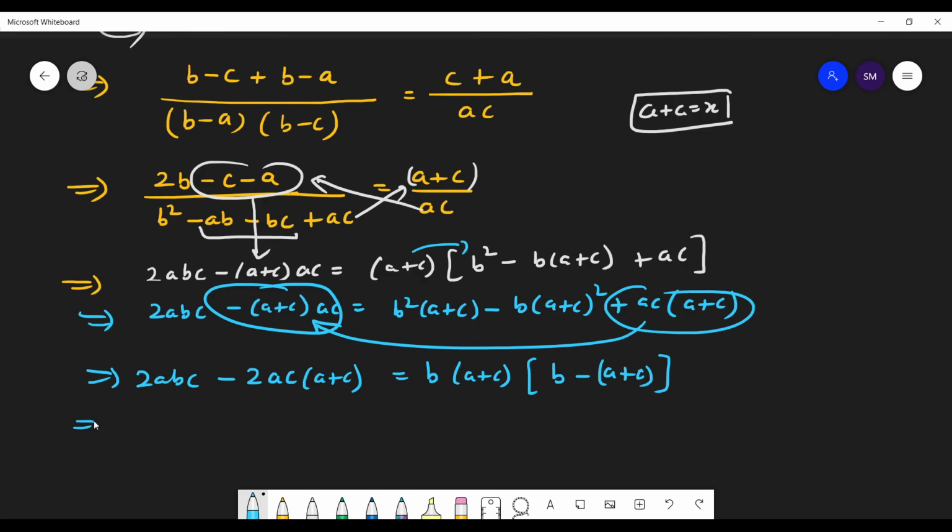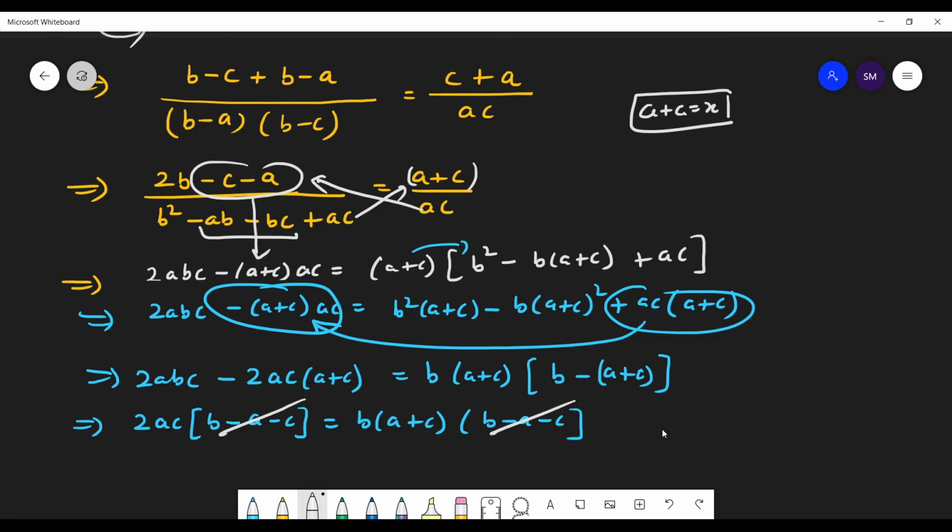Yes. Now what do you get from here? You can take common 2ac. What do you get? b minus a minus c. And what do you get common from here? b into a plus c into b minus a minus c. So you can see here b minus a minus c is there on both sides.